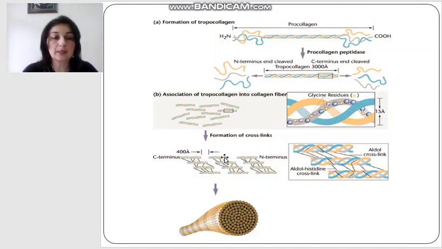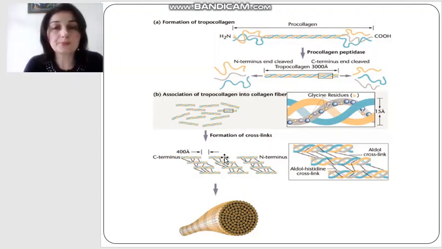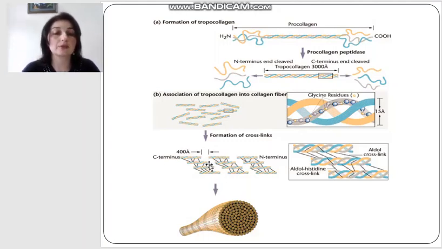When we prepare the slide for electron microscopy, we use osmium salts, a post-fixation procedure for the preparation of the slides. And these osmium salts, these heavy metal salts, will deposit in these gap regions. That's why we will see alternating dark and light bands when we look at these collagen fibers.